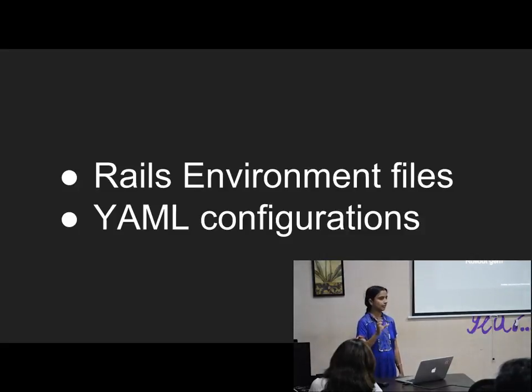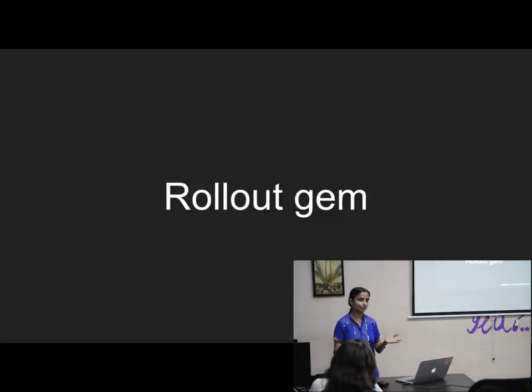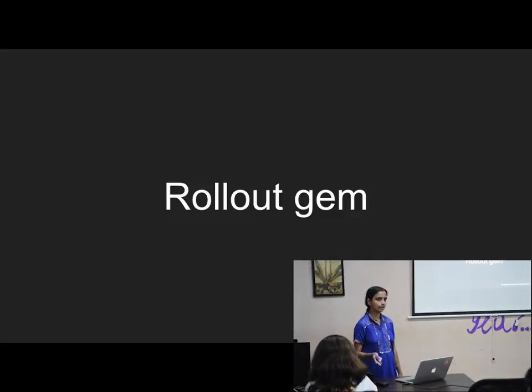My requirements usually have been very small, so we have always been using a configuration file ourselves, because we didn't want to overload, like what the previous speaker mentioned: don't use a gem unnecessarily. Only use it when you need it. So I didn't see any reason for using it, but you can check it out and see the kind of features that it provides, so that you can think of how we can use feature toggles for many kinds of testing. Okay.